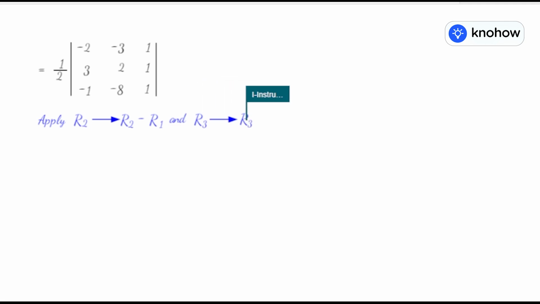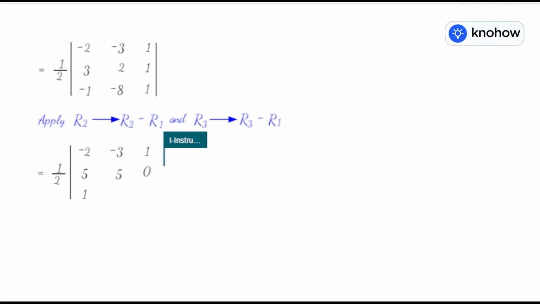Half is kept out. Determinant, the first row minus 2, minus 3, 1 as such. By taking R2 minus R1, 3 minus 2 will make it 5. Similarly 5, 0, and you get 1. And minus 8 plus 3 will make it minus 5 and 0. And now obviously you evaluate it.